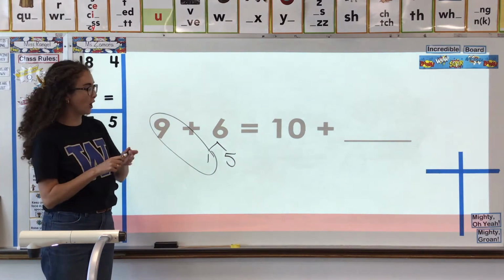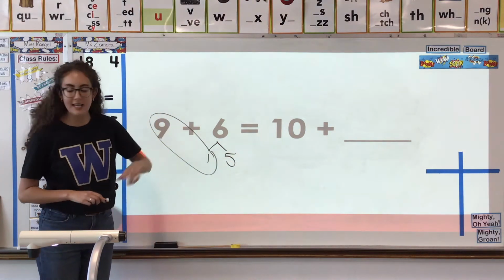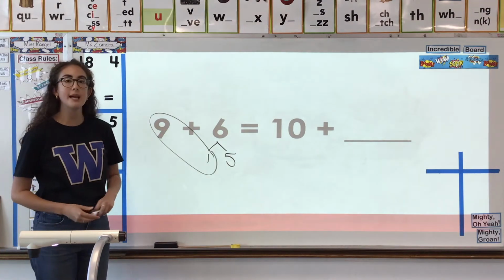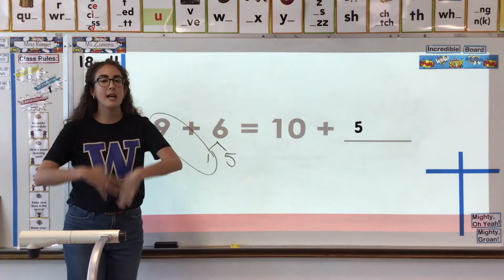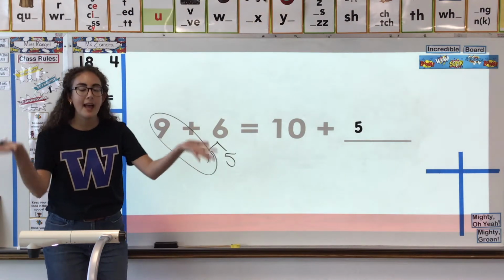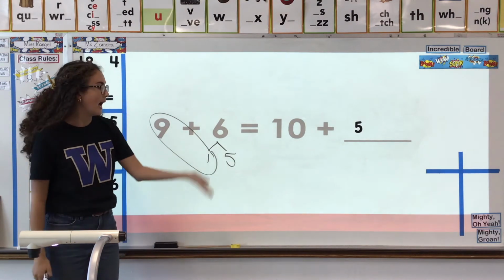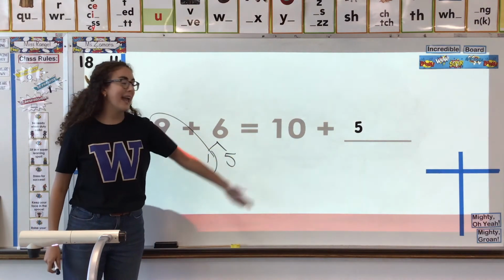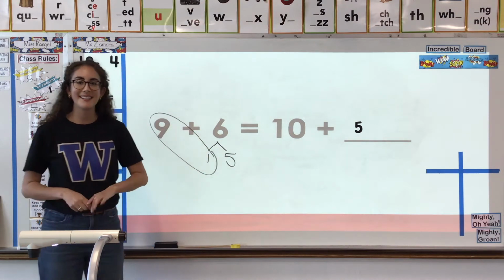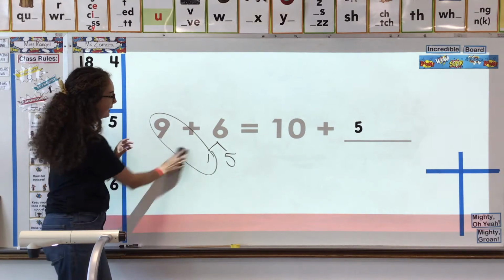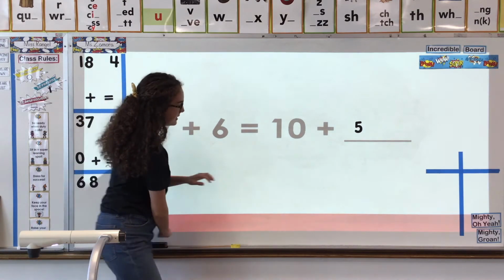A 5. So, 9 plus 6 is equal to 10 plus 5, which is 15. 9 plus 6 and 10 plus 5 equals 15. Good job. Okay, we're going to do one more of these.